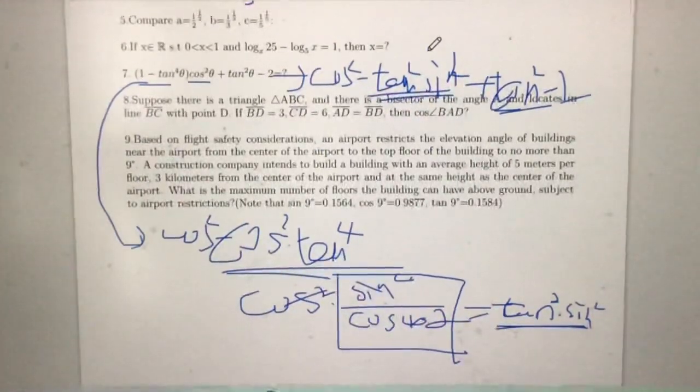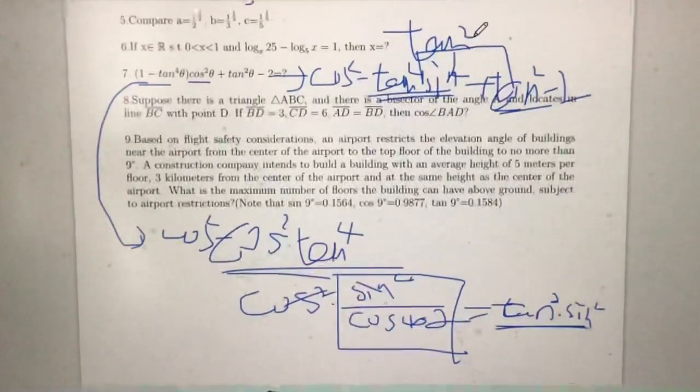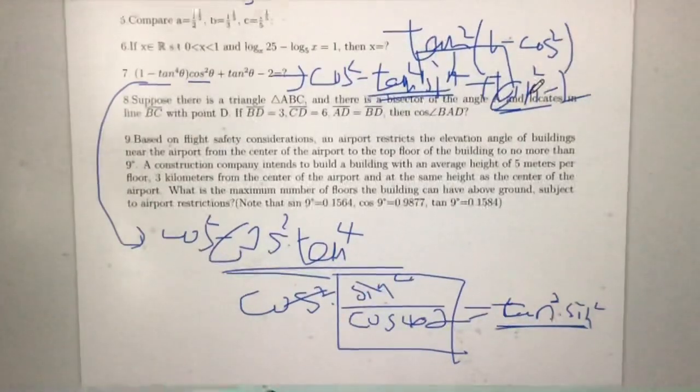So we combine these two guys, we can get tangent squared times 1 minus cosine squared, right? Sorry, 1 minus sine squared.